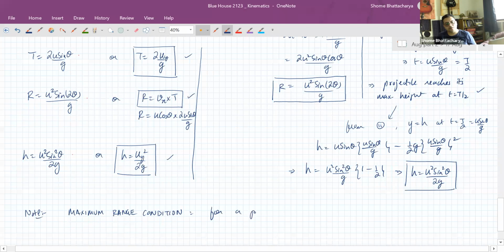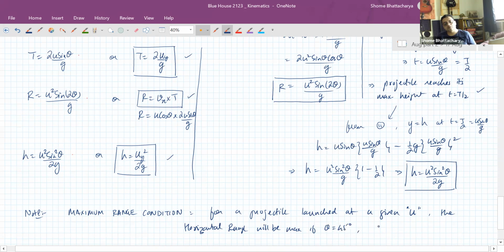For a projectile launched at a given projection speed u, the horizontal range will be maximum if theta is equal to 45 degrees, and that maximum range becomes u square by g.